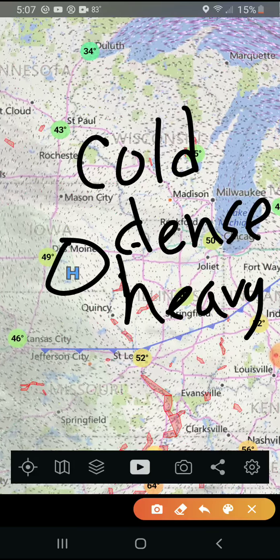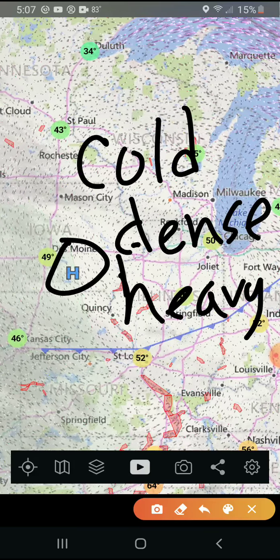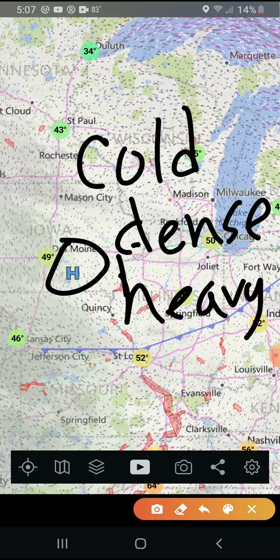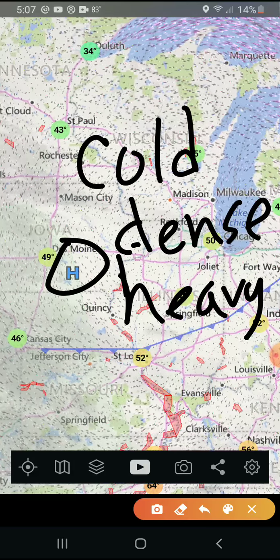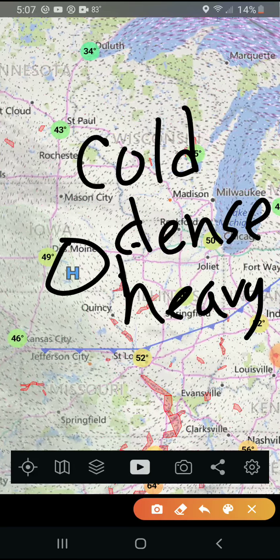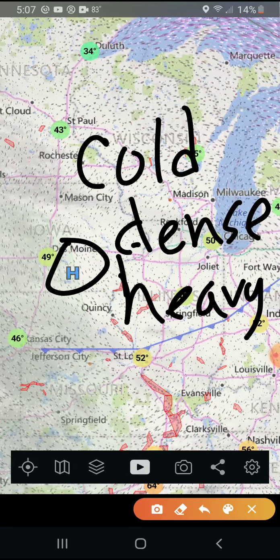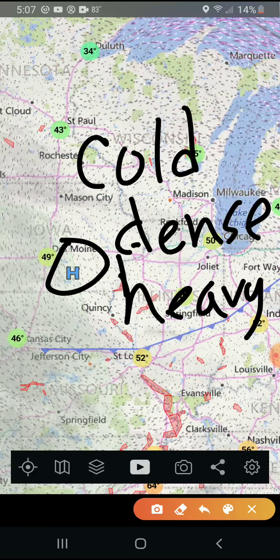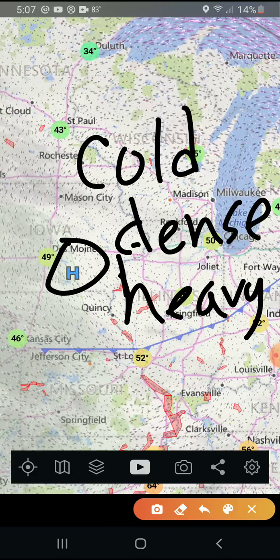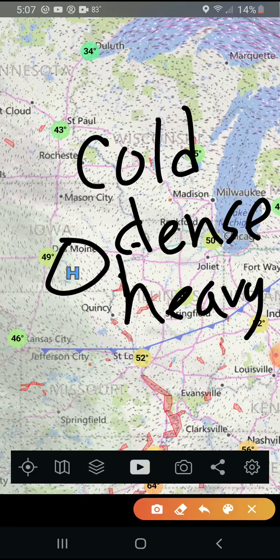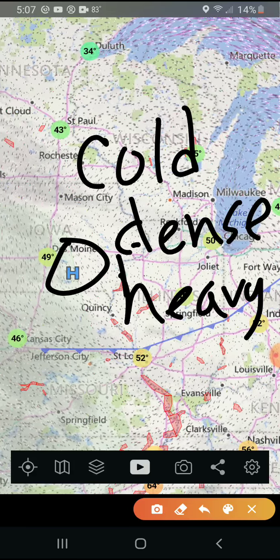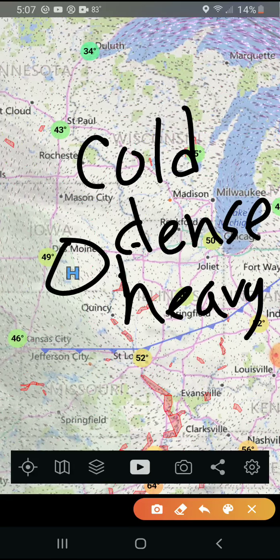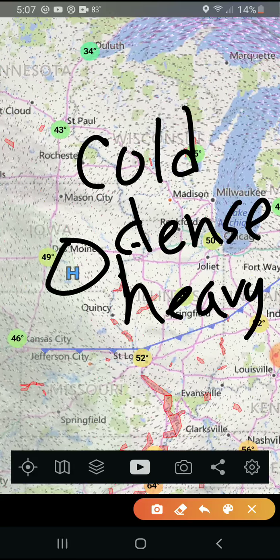And this air, since it's a high pressure system, is coming from high elevations in the atmosphere, coming down on top of you. That's why it's called a high pressure system, because it actually creates pressure on you. All this air comes from the top of the atmosphere, and since it's very cold, dense and heavy, it will come pretty much on top of you.